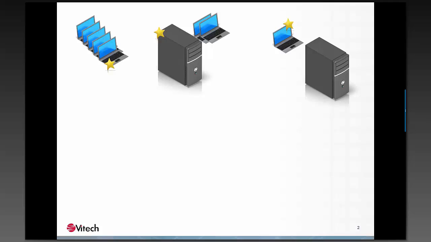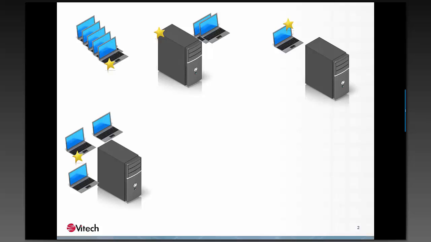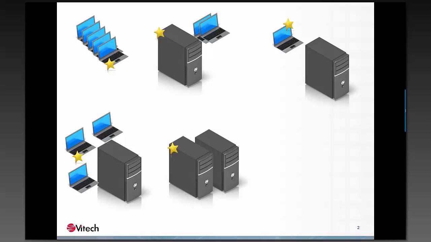You could have a workstation that serves as your master and then maybe another server. You might have multiple workstations in a server, 2 servers, one of which needs to be the master, or just 1 server. There's a lot of scenarios here, and basically any installation you have will work.